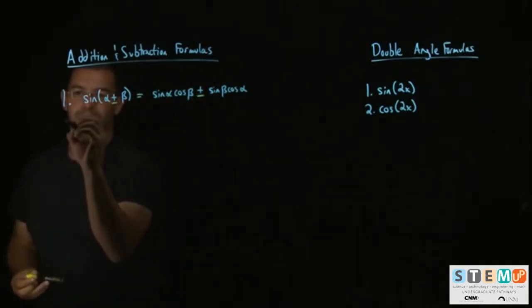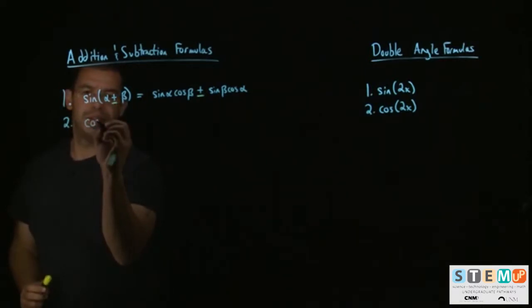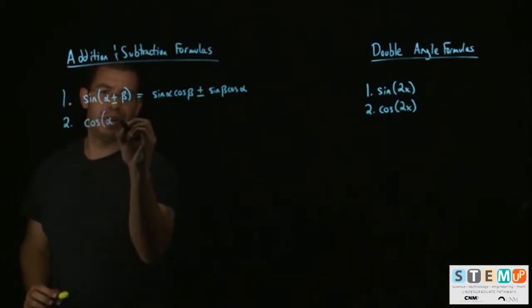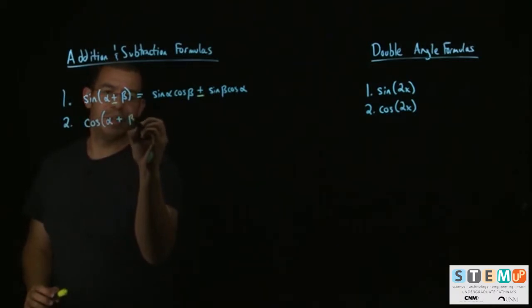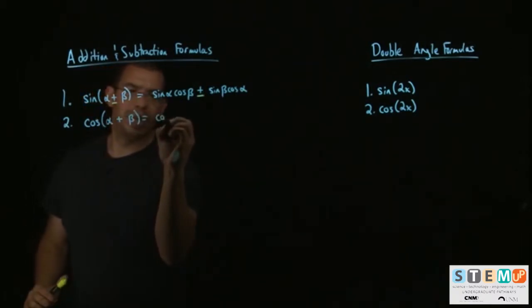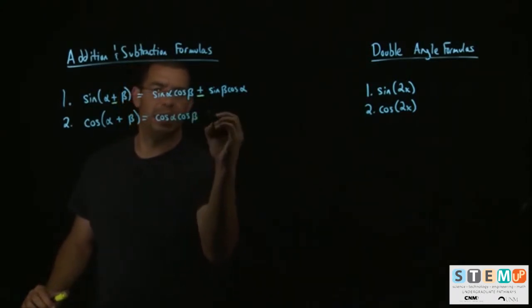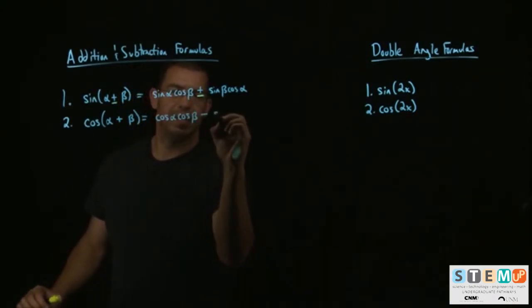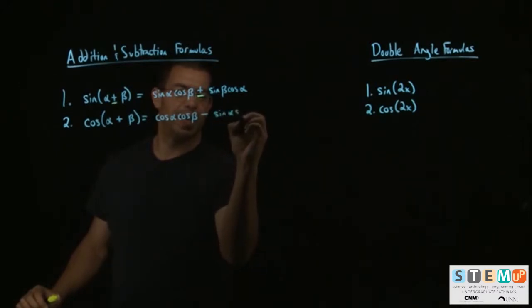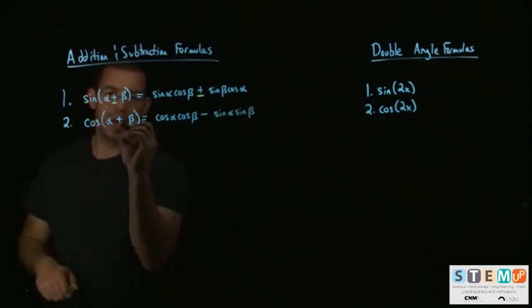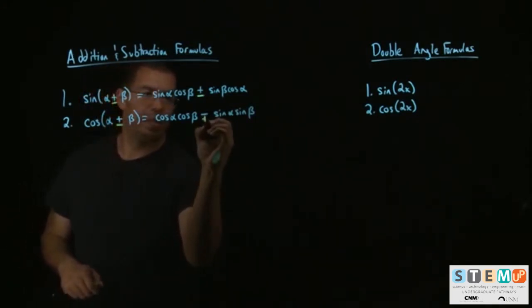And the same, well, kind of the reverse for cosine. So cosine of alpha plus beta is going to be cosine of alpha cosine of beta minus sine of alpha sine of beta. And then if it's a minus, then it'll be a plus.